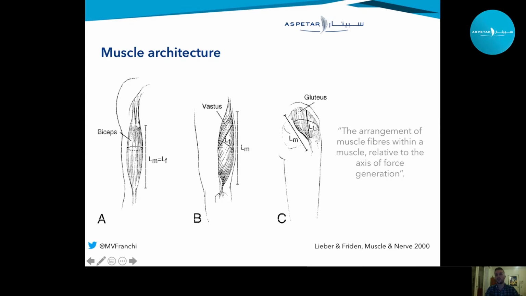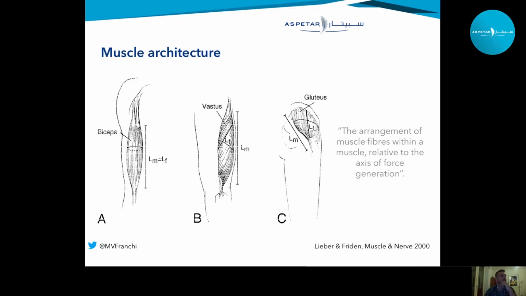And you can also appreciate that some muscles, like the gluteus muscle, present a much more complicated and more differentiated muscle architecture. Skeletal muscle structure was also defined by Professor Lieber as the structural property of whole muscle that dominates their function.